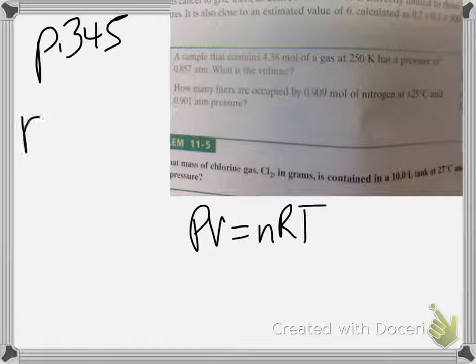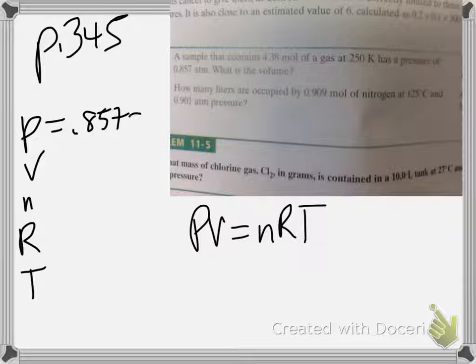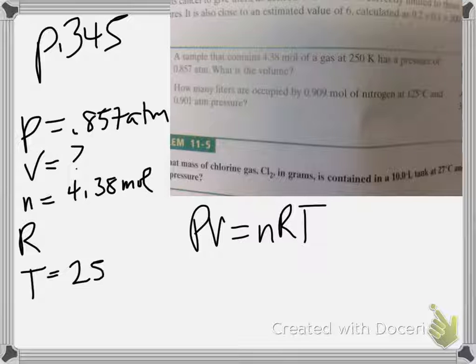As always with anything, it really helps to list your variables. We're told that the pressure is 0.857 atm. We want to know the volume. That's our unknown. We know that it is 4.38 moles of this gas, and the temperature is 250 Kelvin. Just like with the combined gas law, these only work in Kelvin.